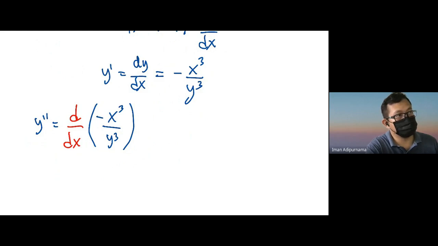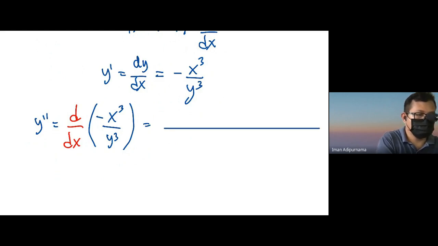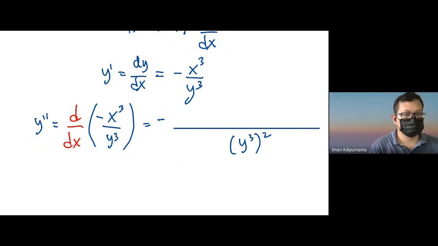Then you need to use the quotient rule. So we have y cubed, and then squared. And maybe take the negative outside of this equation.